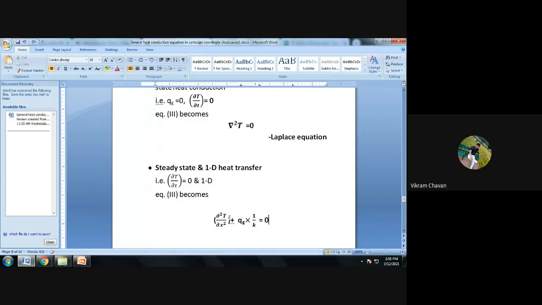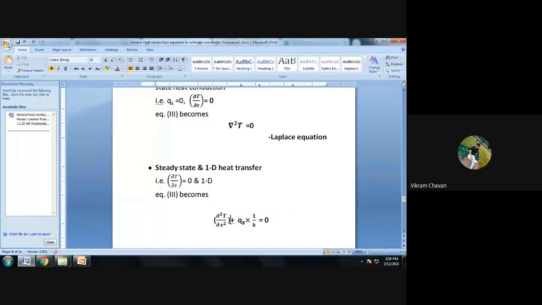The y and z coordinates are removed; the temperature change with respect to y and z we consider as 0, and only the temperature change with respect to the x axis is considered. So only one coordinate, the x coordinate, is considered here.